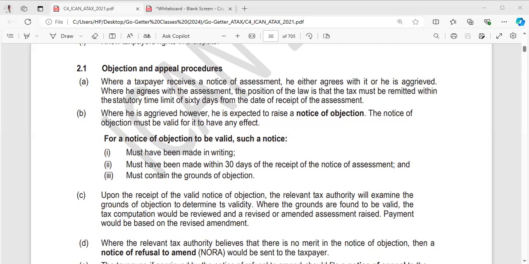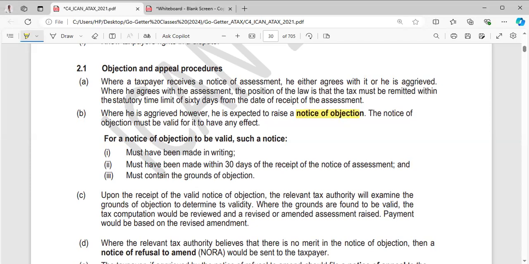Now, what happens when you don't agree with the assessment? So the FIRS serves you a notice of assessment, and you are not in agreement with it, what should you do? Then you are expected to raise a notice of objection.